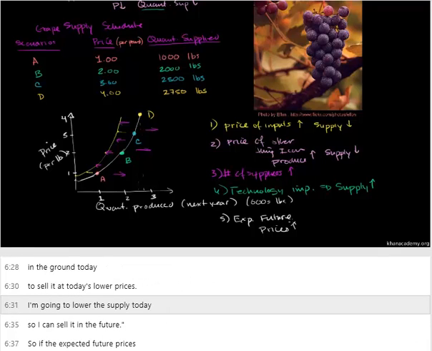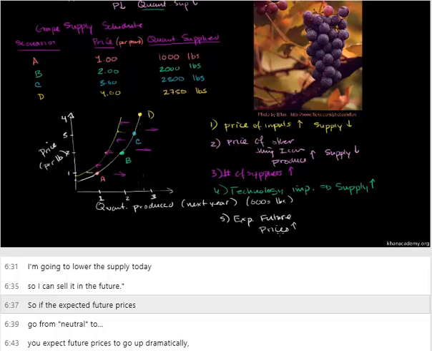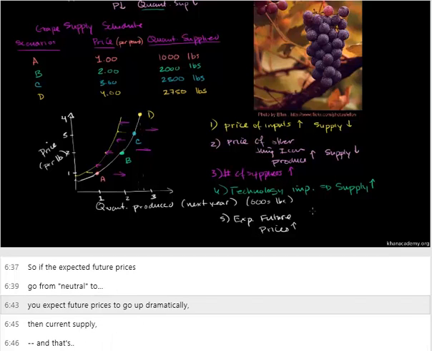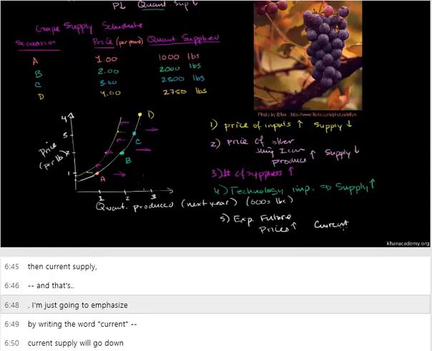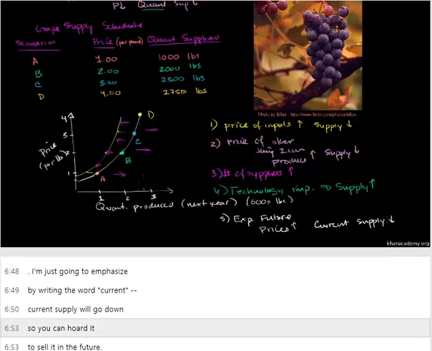I'm going to lower the supply today, and so I can sell it in the future. So if the expected future prices go from neutral to you expecting future prices to go up dramatically, then current supply, and I'm just going to emphasize by writing the words current supply, will go down, so you can hoard it to sell it in the future.